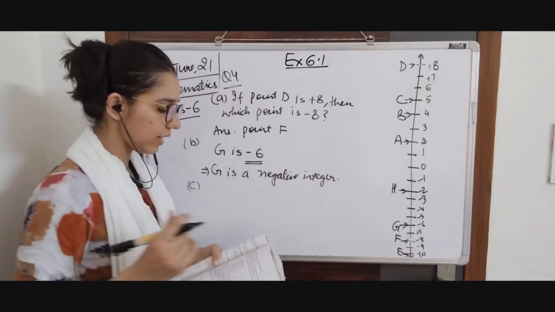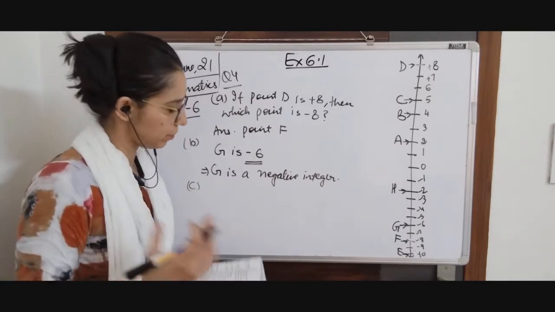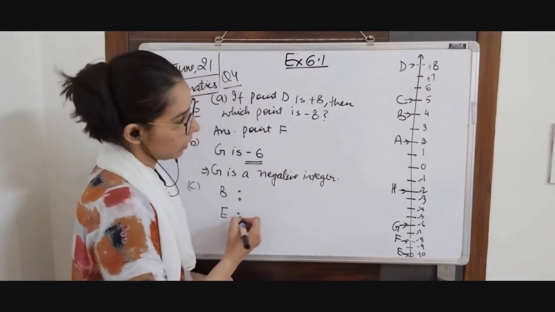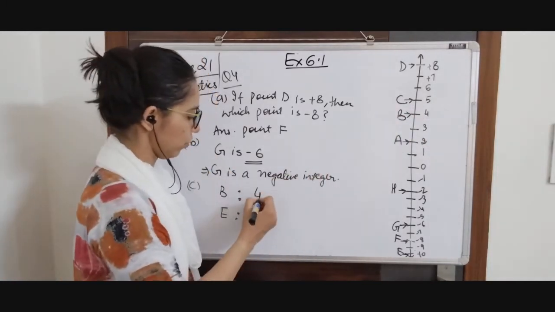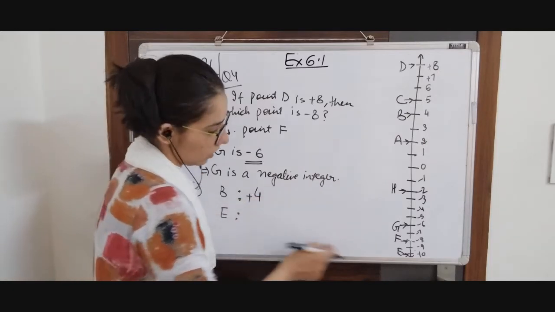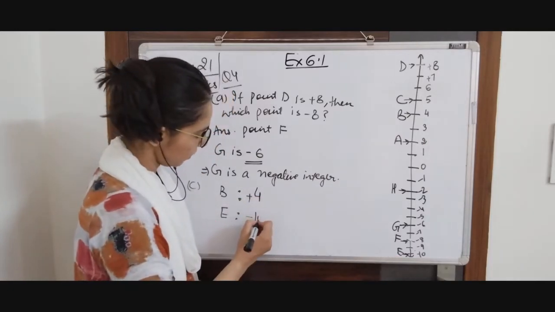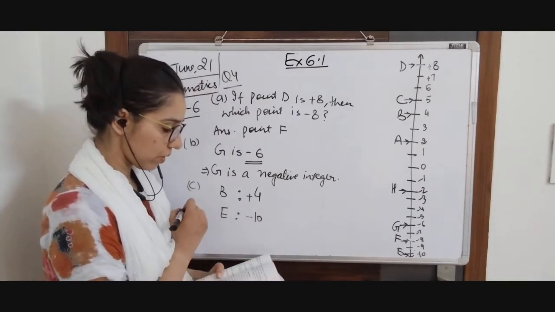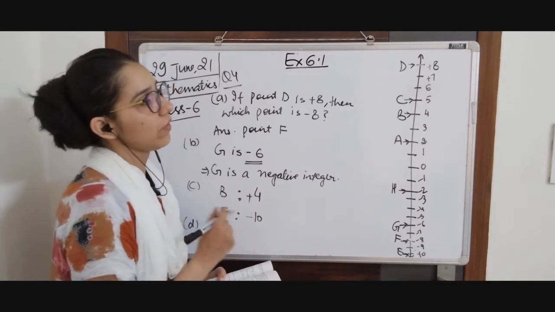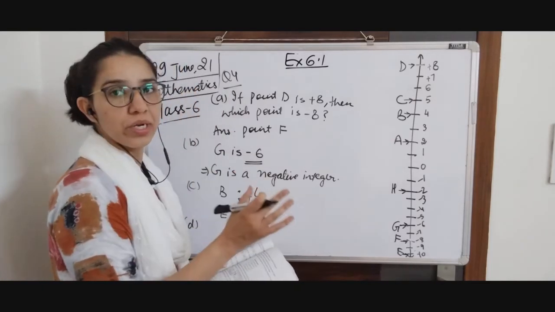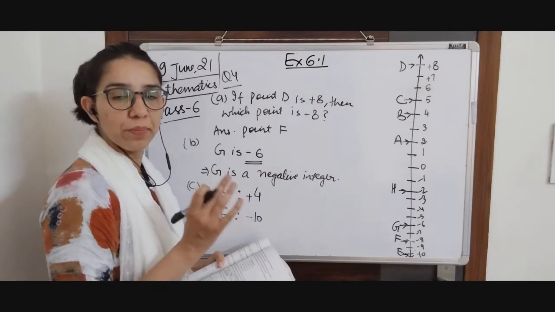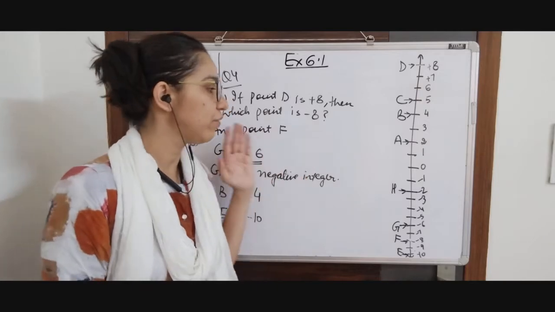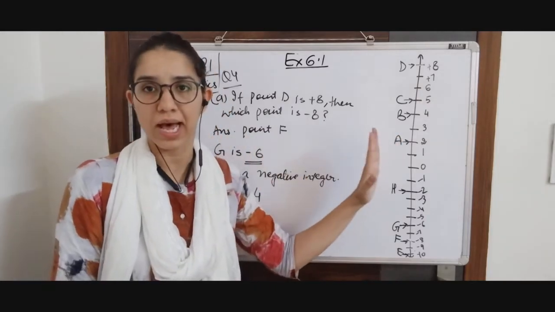C part is write integers for point B and E. Your B is 4, or you can say plus 4, and your E is going to be minus 10. Then D is: which point marked on the number line has the least value? When we were talking about the horizontal number line, we talked about comparison of numbers. We said that when we are moving from left to right, numbers are increasing.